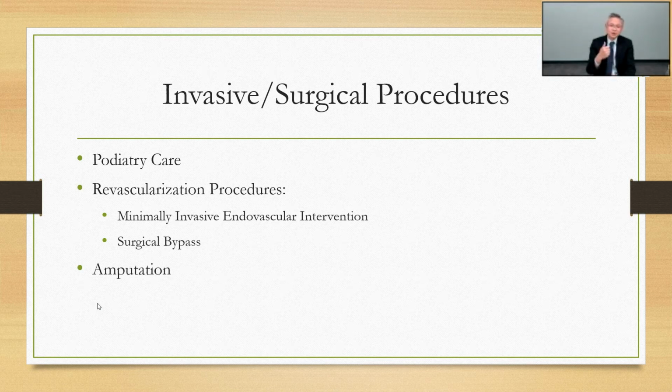We can do this with ultrasound, which is my personal favorite. You can image the blood vessel, know exactly where the cholesterol plaque has built up, and evaluate the severity of the obstruction. So it's safe, it's easy to perform, it's painless, and it's harmless.